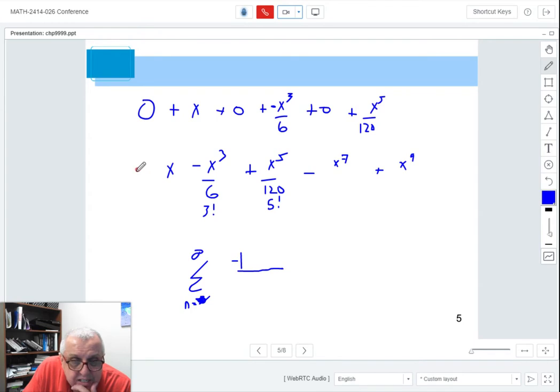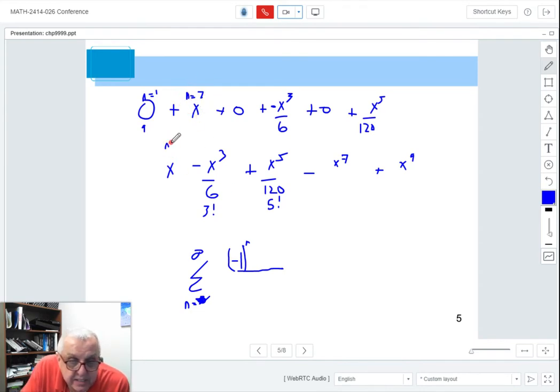If we're starting at 0, the only way to alternate from negative to positive is to put that -1 and raise it to the n power, and I'll show you what we do. Do you see this is n equals 1? This is n equals 2, which is still positive.